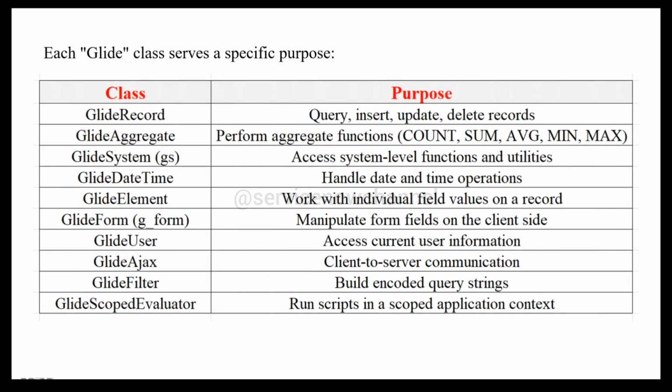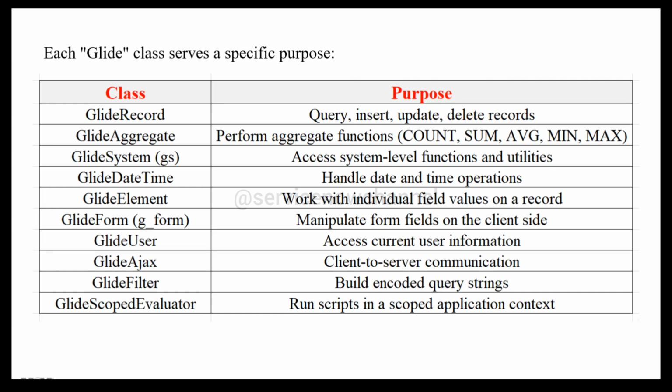Okay. So first we have GlideRecord. The GlideRecord class purpose is to query, insert, update, delete the records in ServiceNow. Next we have GlideAggregate. The GlideAggregate class purpose is to perform aggregate functions like sum, count, average, minimum, max. So these are the aggregate functions we can use by using the GlideAggregate class.